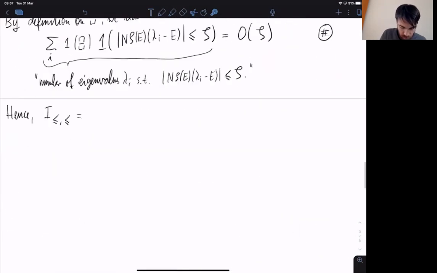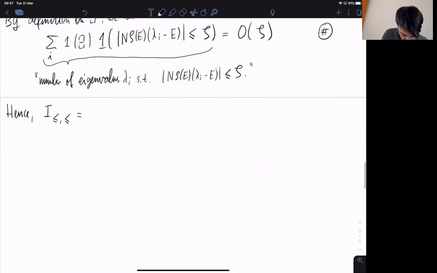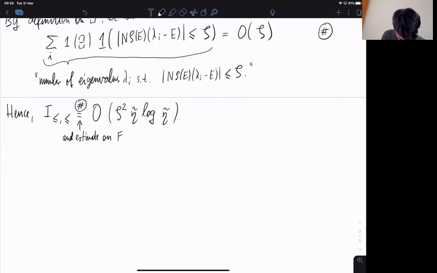So from the estimate, I get that this is zeta squared times eta tilde log eta tilde, right? Here is where we used star and hash and the estimate on the f smaller-smaller.